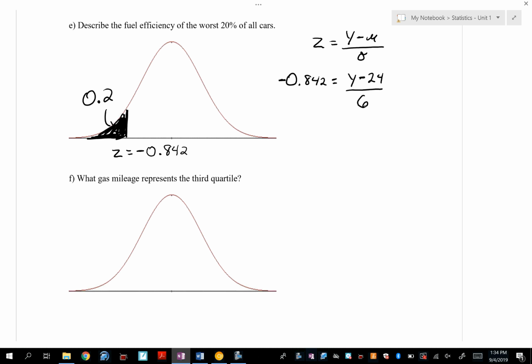So we're going to multiply both sides by that 6 and get y minus 24 equals negative something.